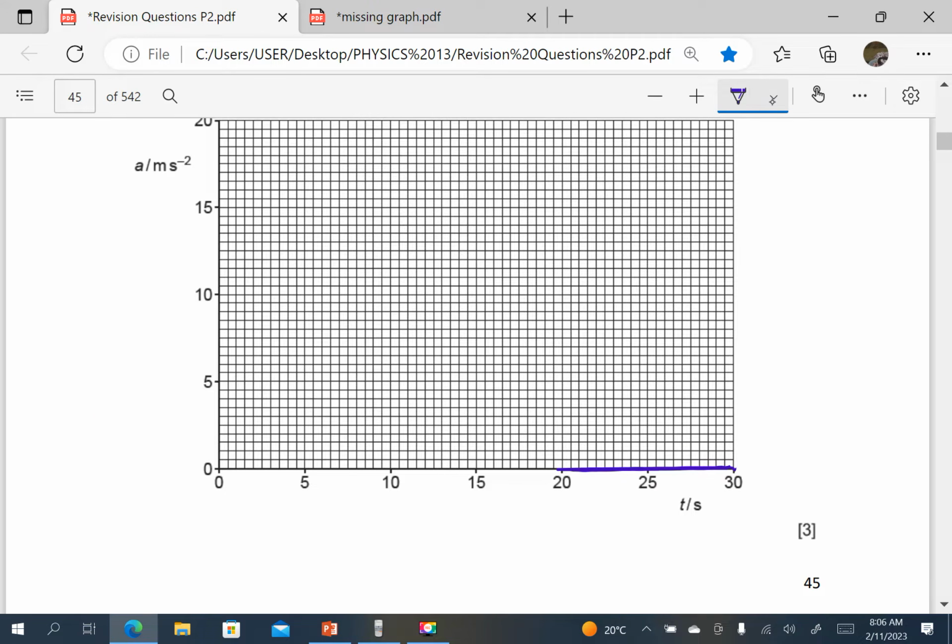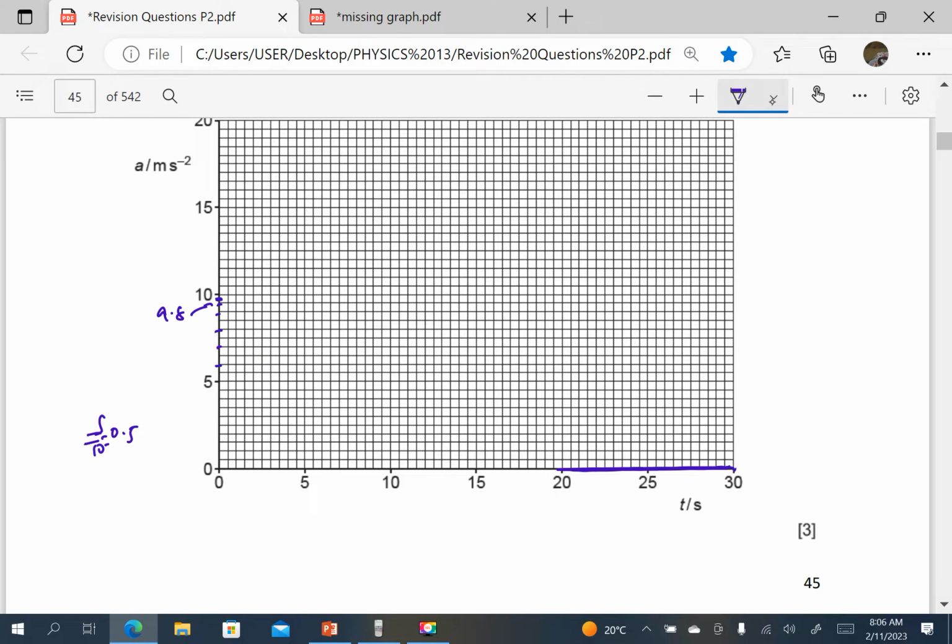Since the scale on the vertical is 5 divided by 10, which is 0.5, 9.8 is 6, 7, 8, 9.5, so 9.81 is going to be somewhere there. So our graph will start from there at 9.8 or 9.81.